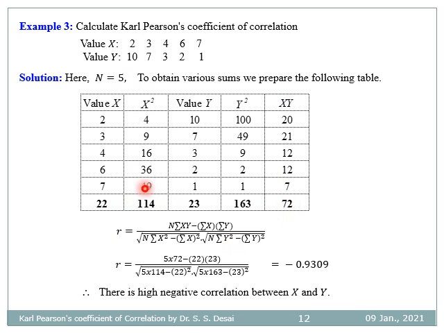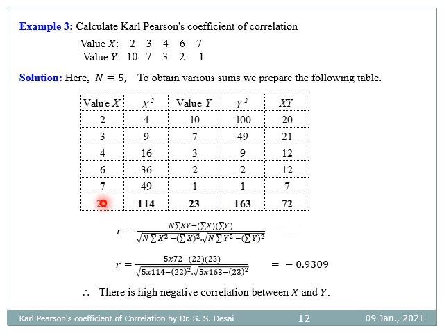So in this case, the formula is r equal to n into summation of x into y minus summation of x into summation of y, divided by root of n into summation of x square minus square of summation of x, into root of n into summation of y square minus square of summation of y.